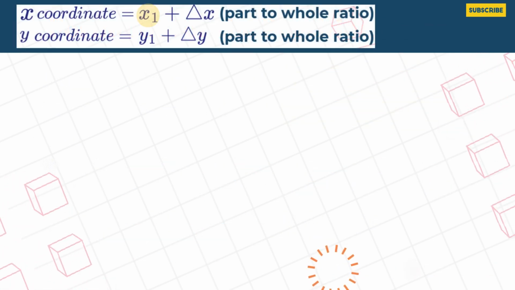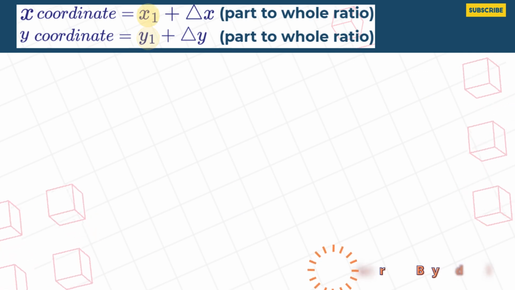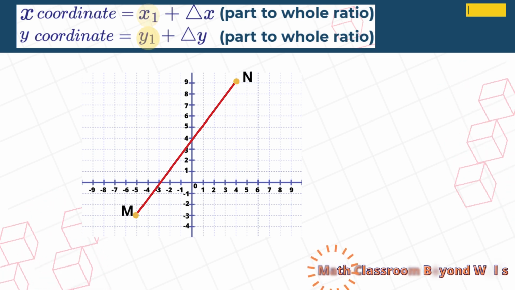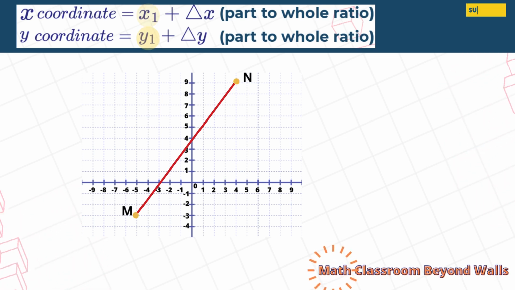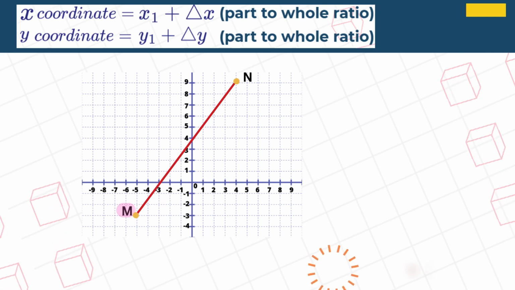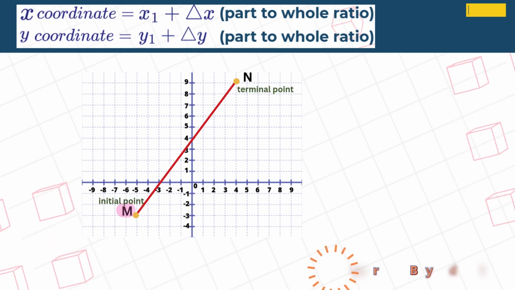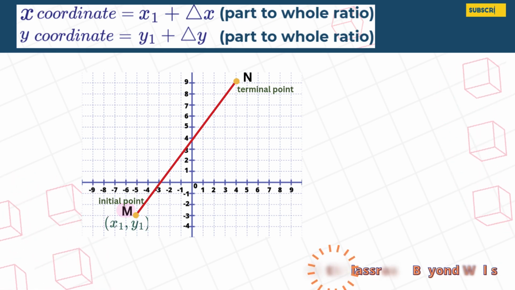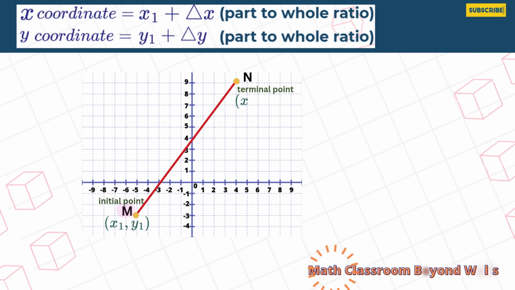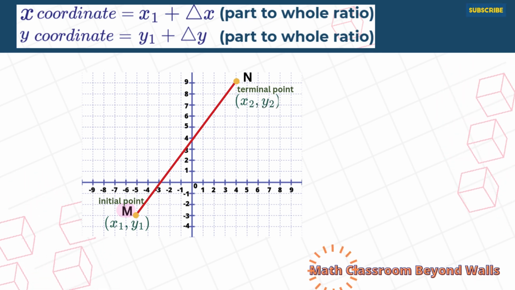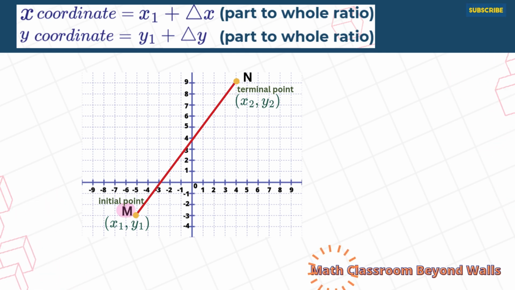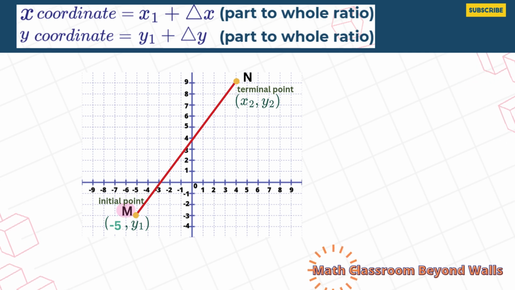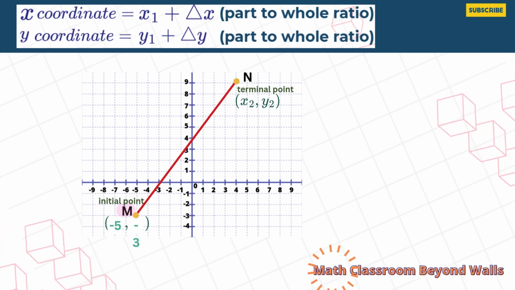Let us consider x1 and y1 in the formula and relate this to the diagram of directed line segment MN that we have here. On the diagram, M is the initial point. Being an initial point, its coordinates are named x1, y1. Do you agree? Thus, point M with coordinates -5, -3 has x1 equal to -5 and y1 equal to -3.